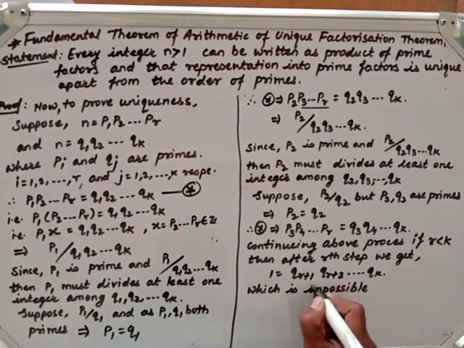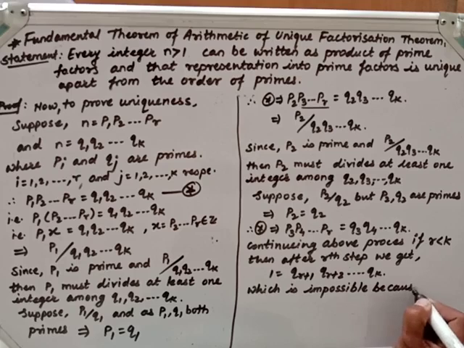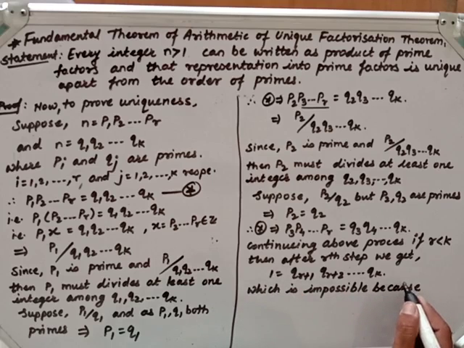Why is this impossible? Because the product of these primes is 1, it is not possible. These all are primes, and the product of primes won't be 1, because we know 1 is not a prime number.